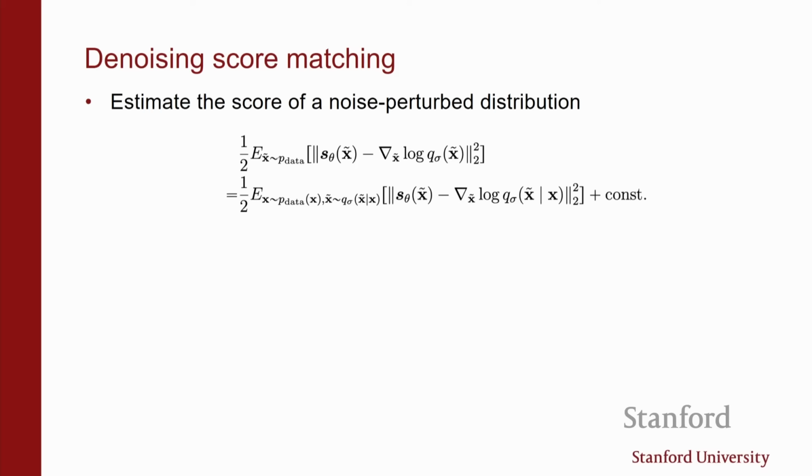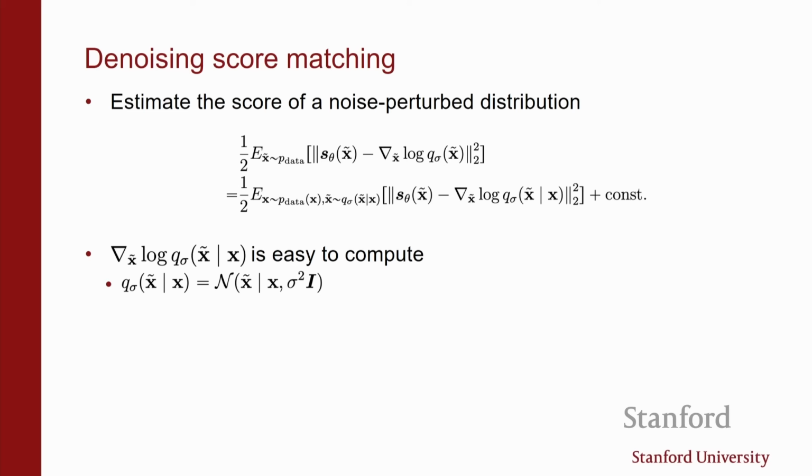In particular, if you look at this expression, it turns out that this gradient of the log of Q sigma x tilde given x is easy to compute because that's just a Gaussian. So Q sigma x tilde given x is just a Gaussian with mean x and variance sigma squared times the identity.